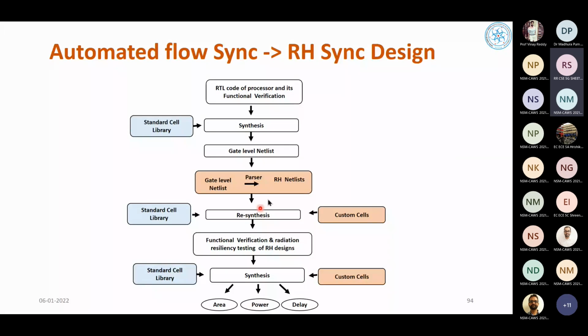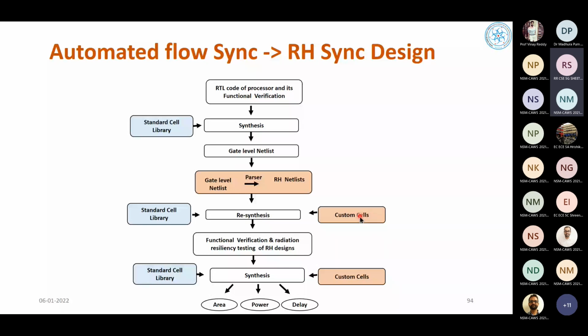The second reason is that there are custom made cells that have to be integrated along with the standard cell library. One custom cell that normally gets integrated is the C element, which I talked about in the previous slide. There is also another element which is required, the flip flop.